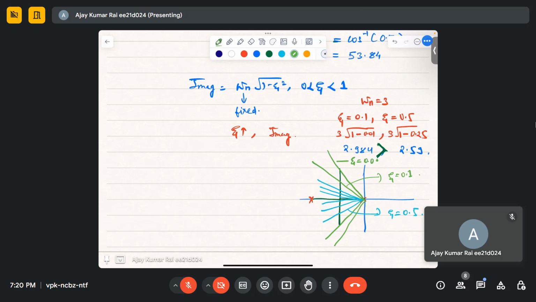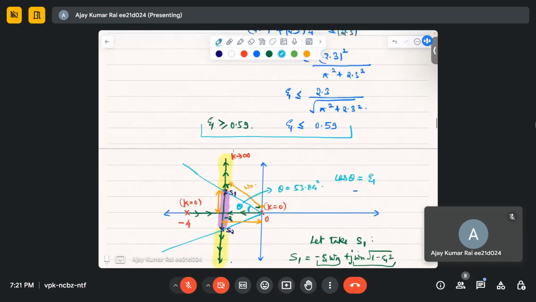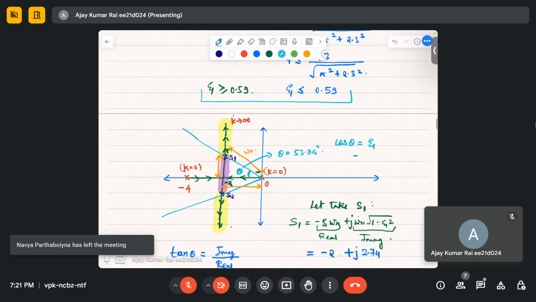Let's suppose here I choose the value zeta equal to 0.6. So you see, which sign should I choose if I want the purple one?